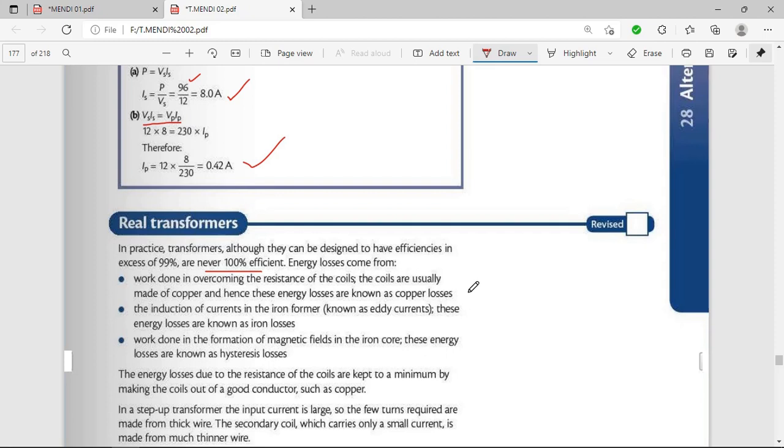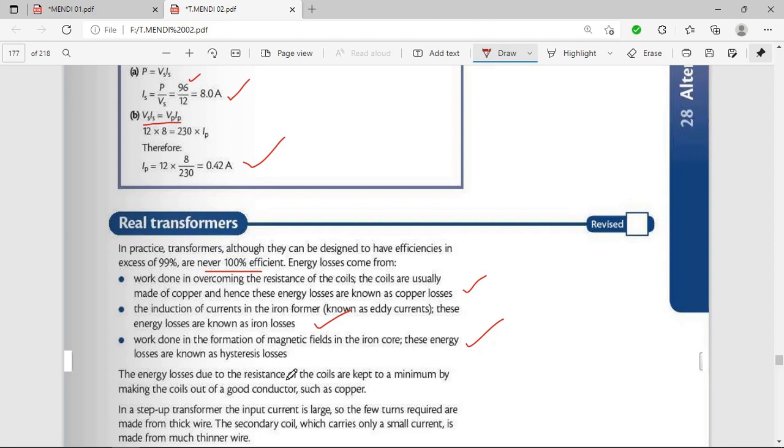It's usually made up of copper, hence energy losses, and these are known as copper losses. We've highlighted that the induced currents in iron, known as eddy currents, always lose energy. Work done in the transformer reversing magnetic fields in the iron core. These energy losses are known as hysteresis losses.